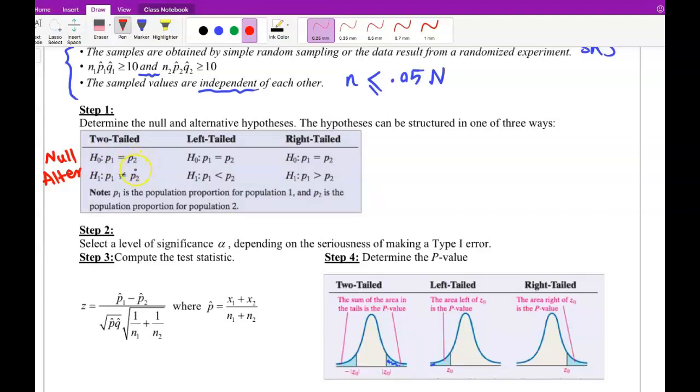Remember in previous sections, since we had one population, we had that one population proportion equal to some value on the right side. But here we have the first population proportion equal to the second, and for all of these, for the null, we have equal to again. And since we have two tail for the alternative, it's not equal to. Since this is left, we have less than. Here is right, we have greater than.